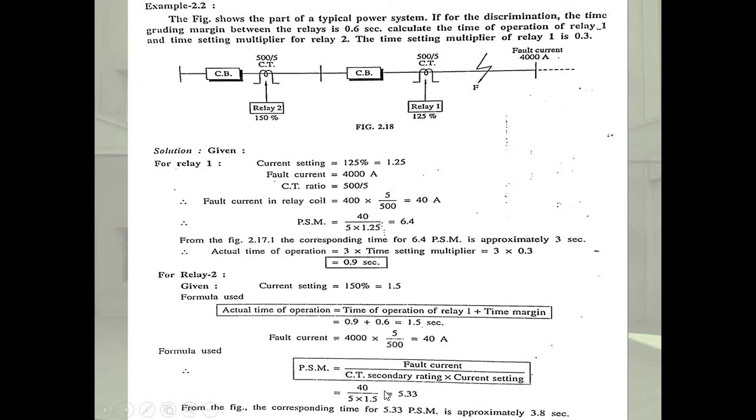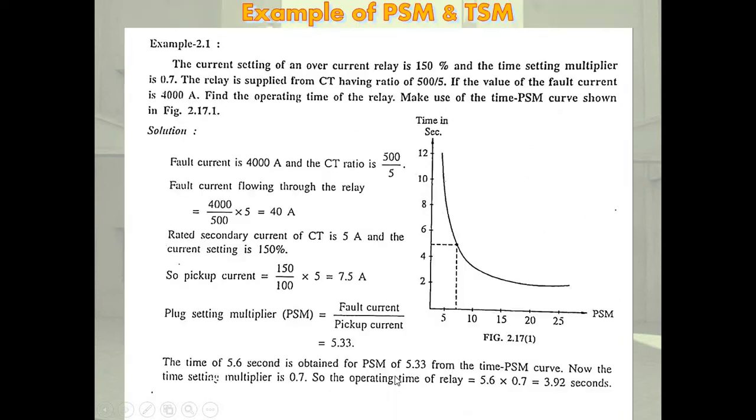So PSM equals 5.33. Now from the figure, the corresponding time for 5.33 PSM is approximately 3.8 seconds.